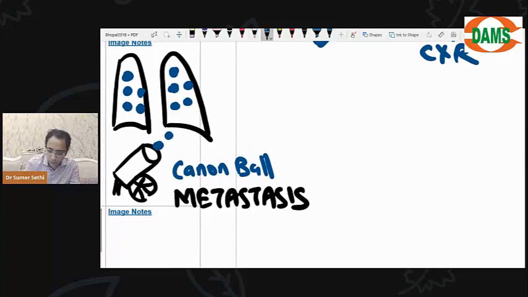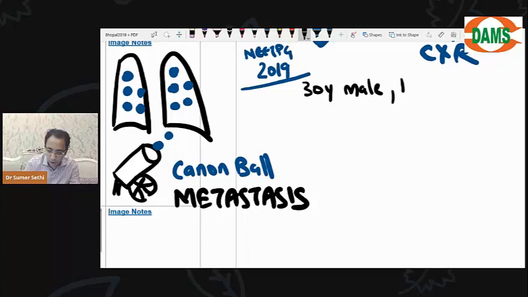My question is, this is a NEET 2019 question. Let's see how many of you are able to answer this question. A 30-year-old male has hemoptysis, chest X-ray is shown to you.